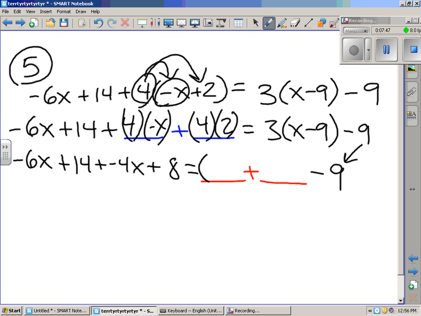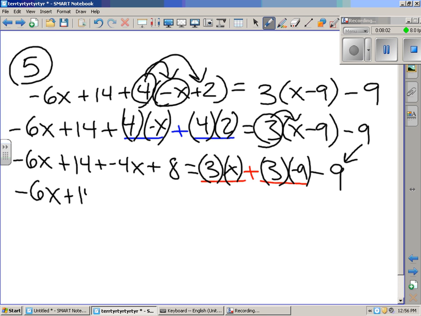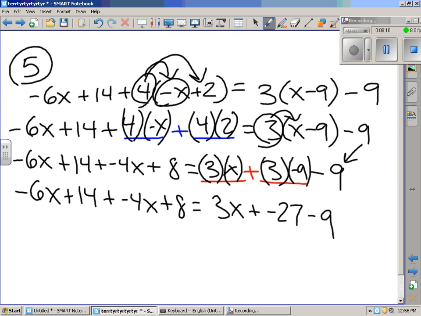In this first section, we're going to have 3 multiplied by the x. In the second section, it's going to be 3 times the negative 9. And then we continue to simplify. On this side, we have negative 6x plus 14 plus a negative 4x plus 8. And on the right side, we get 3x plus a negative 27 minus 9.